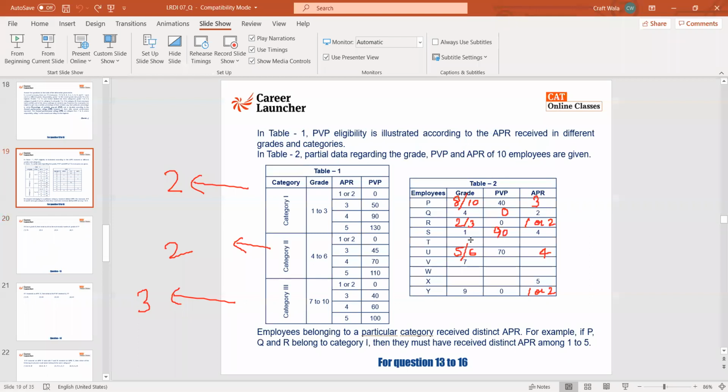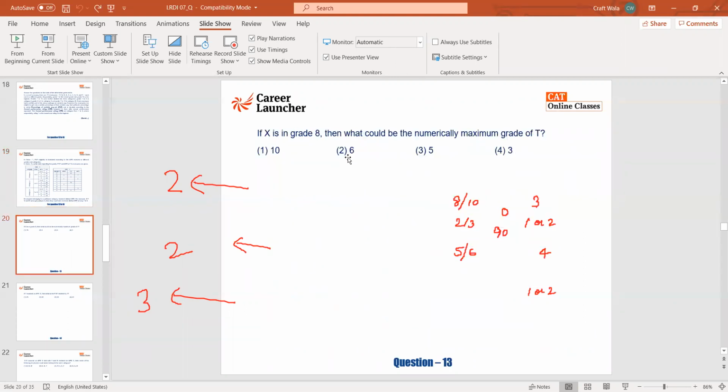So the maximum grade that T can get has to be 6. T can be in a 6. So the maximum grade that he can get is a 6. Is everyone okay with this? So make that table complete so that you are able to answer.